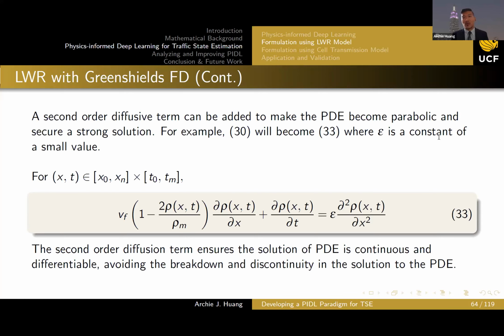Without this diffusion term, as we previously saw in the mathematical background, if we set the epsilon value to 0 and cancel out this diffusion term, this PDE becomes a hyperbolic PDE and doesn't have a strong solution.